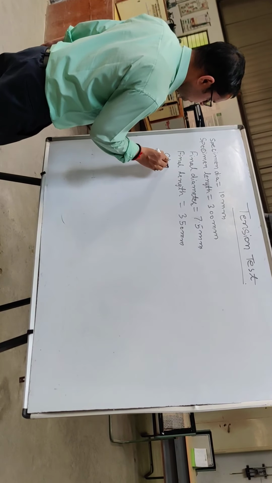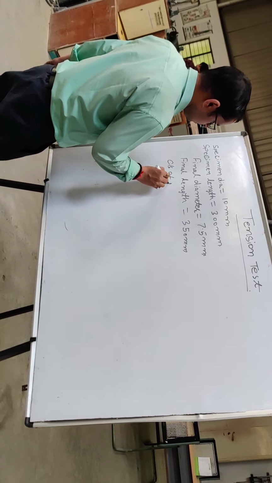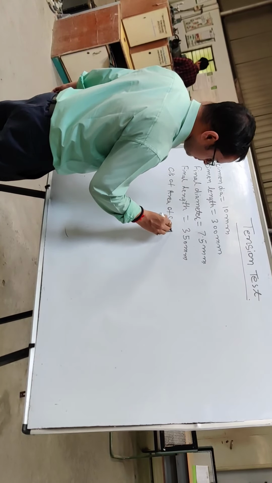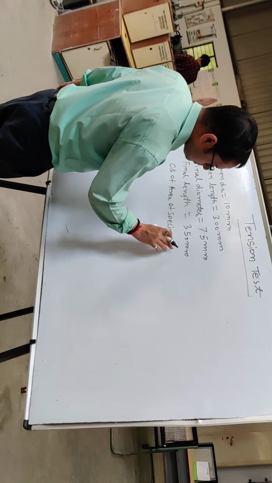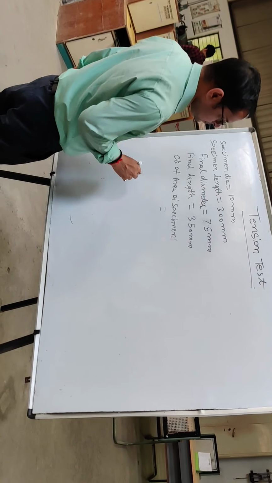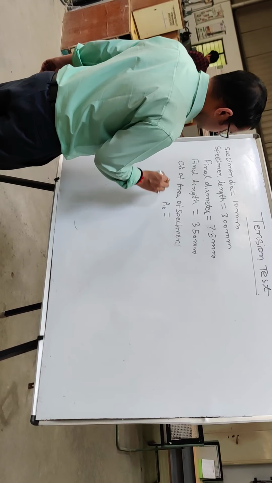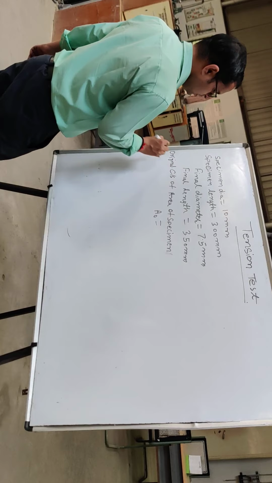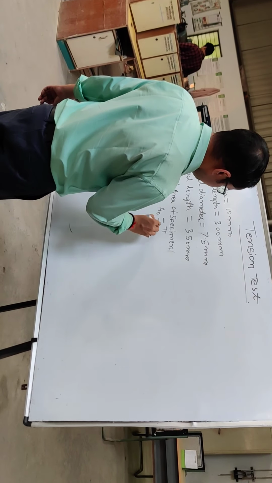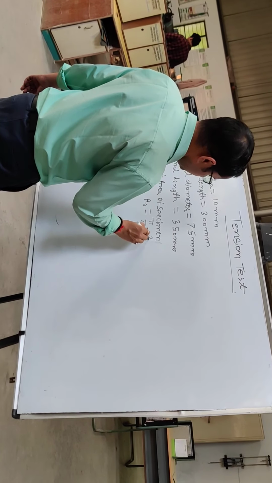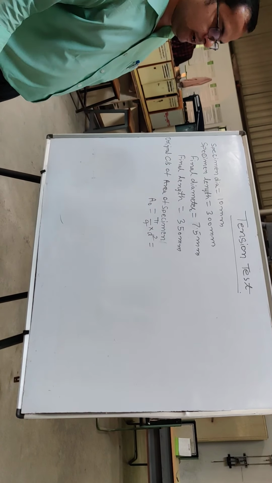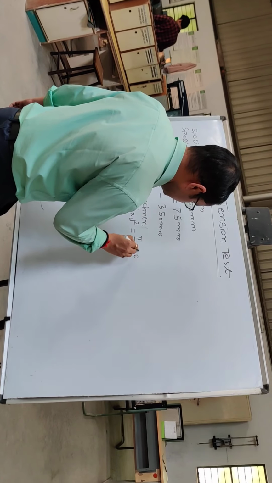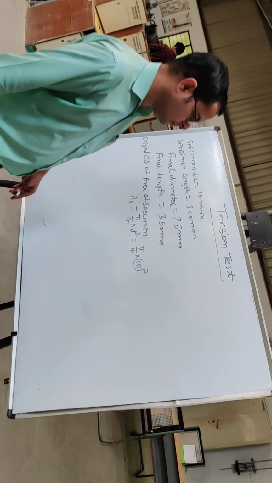Cross section area of the specimen is equal to A naught, the original cross section area. So original cross section area is pi by 4 d square. So pi by 4 d square is 10 square.